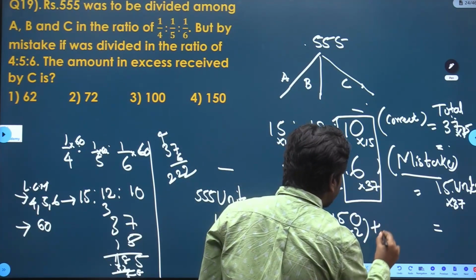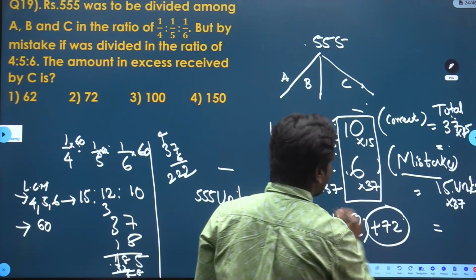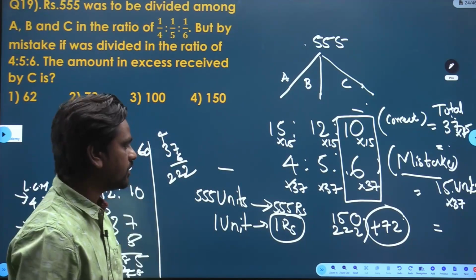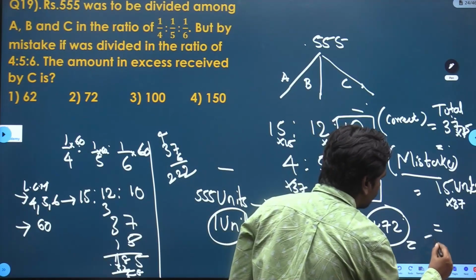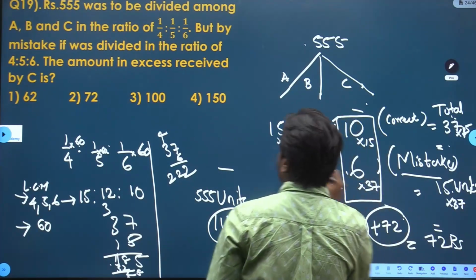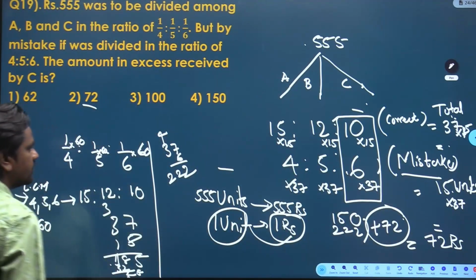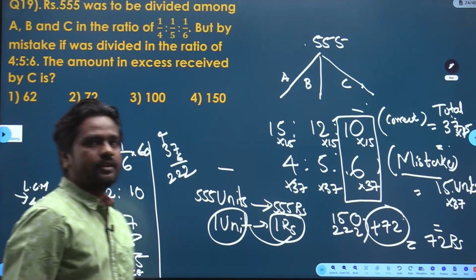So the excess 72 units he got extra. We also know that 1 unit is 1 rupee, so he got 72 rupees extra. This is the answer.